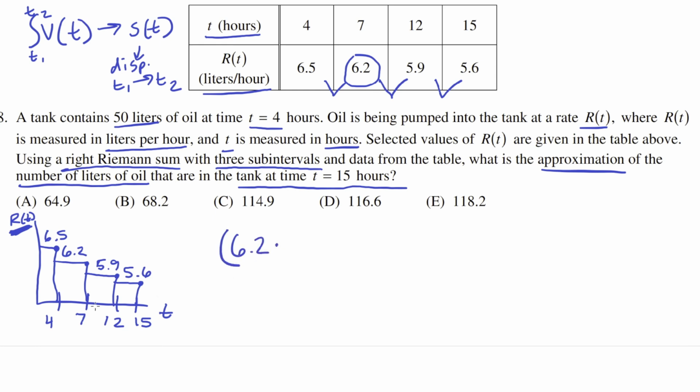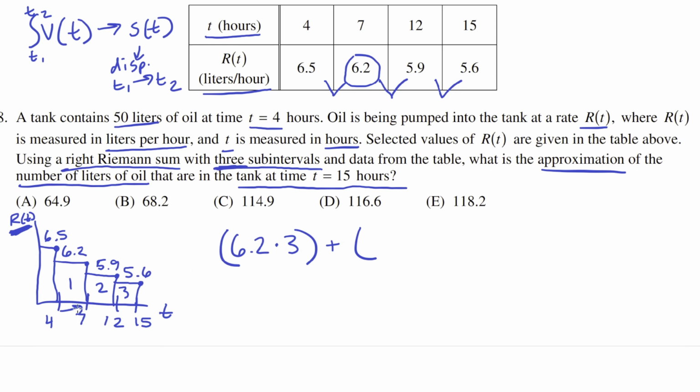And we're going to multiply that with the width of the rectangle. From 4 to 7 is 3. We don't know what the time interval to the left of 4 was, and they told us to use 3 subintervals, so we're going from 4 to 7. So this is going to be the first rectangle, and in this way, we also use 3 subintervals.